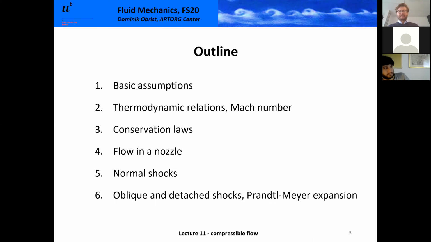In this flow through a nozzle, we will find conditions where shocks develop. So we're going to look at normal shocks first, and then toward the end of the lecture, we're going to generalize that into oblique shocks, detached shocks, and end up with a phenomenon known as Prandtl-Meyer expansion. So this is the program for today.